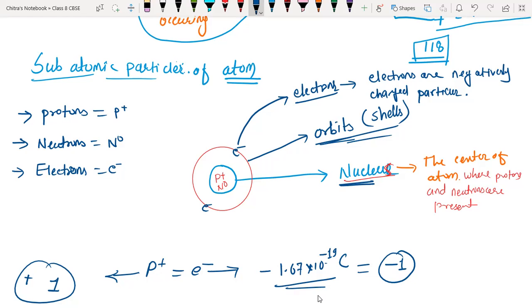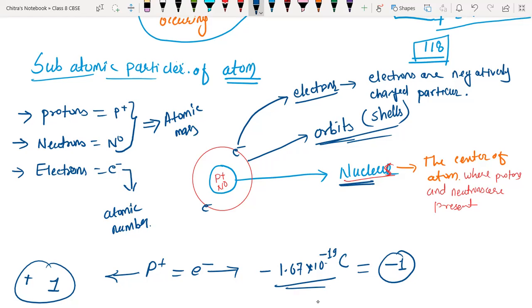So the sum of protons and neutrons is called atomic mass. And the number of electrons or the number of protons is called atomic number. In any atom, electrons and protons are present in equal number, so you can take the number of electrons or the number of protons. The number will be the same.